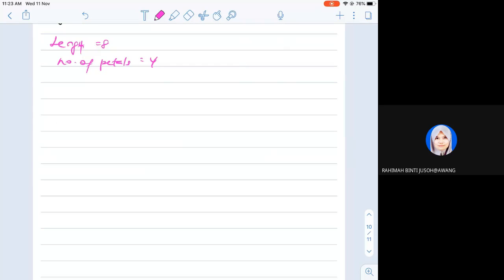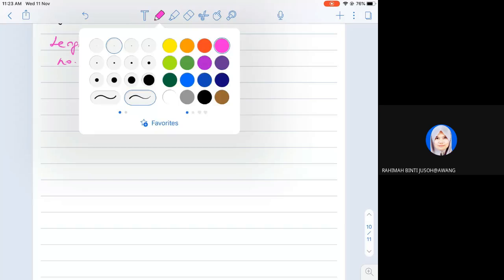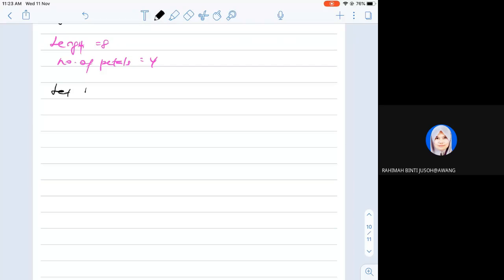So now, again, we need to let r equal 8. So 8 equals 8 cos 2 theta. So cos 2 theta equals 1. So 2 theta equals arc cos of 1. If you use your calculator to get arc cos 1, 2 theta is equivalent to 0.